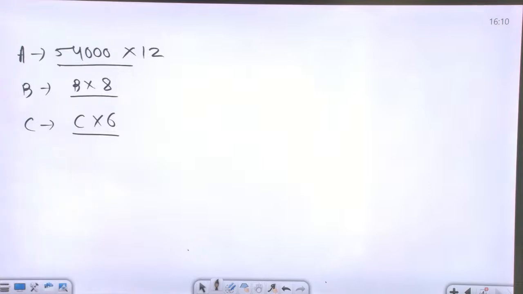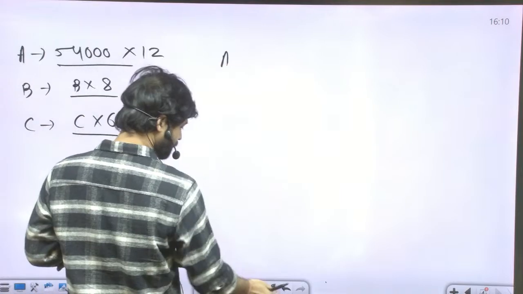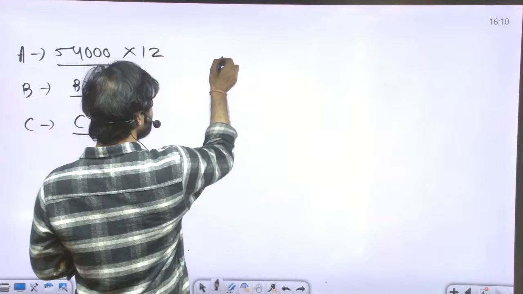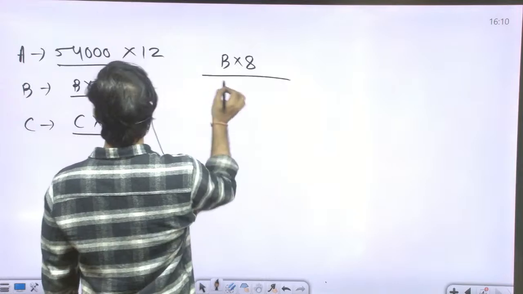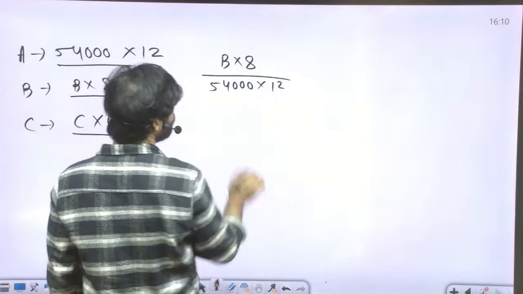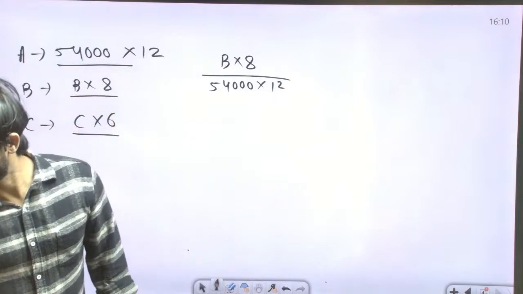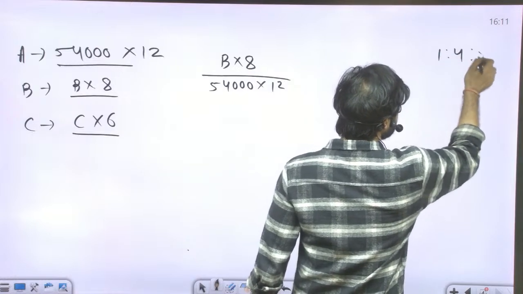Now let's try to understand how we can avoid the calculation, because this question has a lot of calculation. I can take B into 8, this is the profit sharing of B, and this 54,000 into 12 is the profit sharing of A. The profit sharing ratio is 1:4:5, it is given in the question.